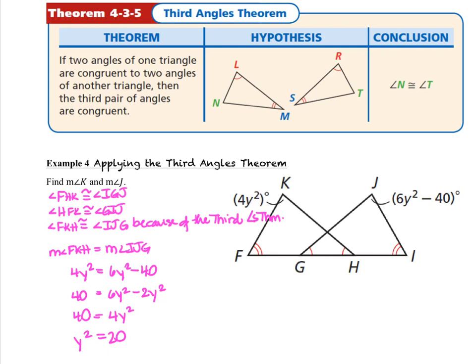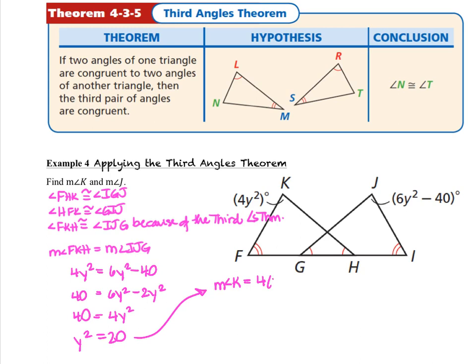So 4y squared equals 6y squared minus 40, and we solve and we end up with y squared is equal to 20. Now normally we would of course show that as 2 root 5, or we might show it as an approximation when we take the square root, but we don't actually need to do that, and the reason is because our expression for the measure of angle K uses y squared, not y.